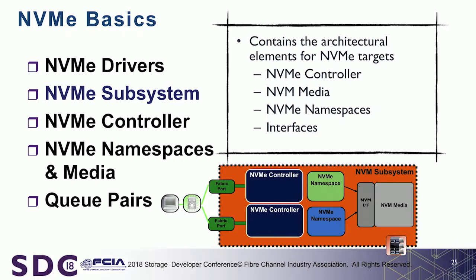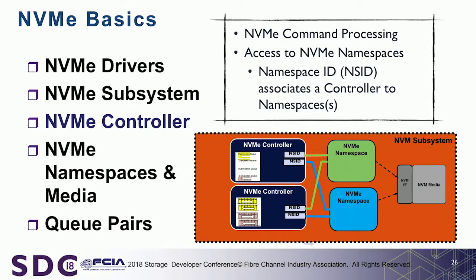A subsystem contains the controller, the media, namespaces, and interfaces. Which brings me to the next one. The controller is the device that allows you to access the subsystem. There's an ID that's associated with the controller, a controller ID, and this is a unique ID that allows you to identify it either on the fabric or locally.